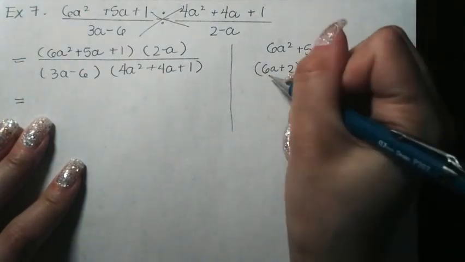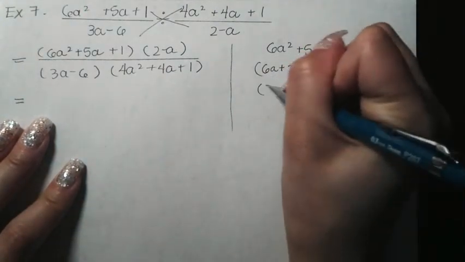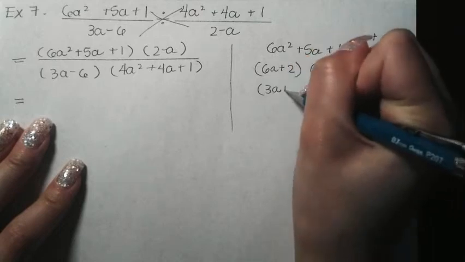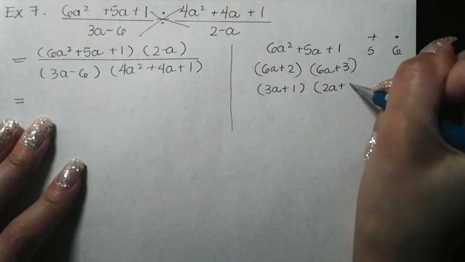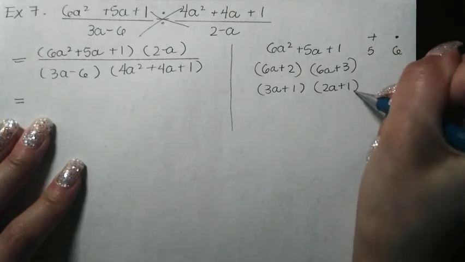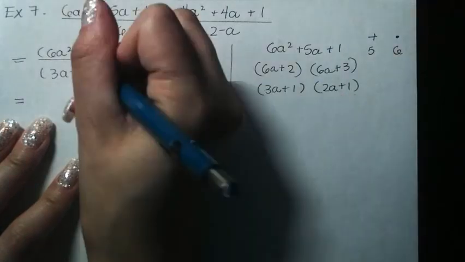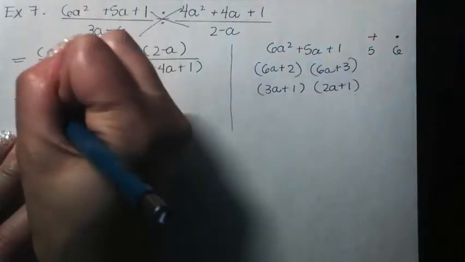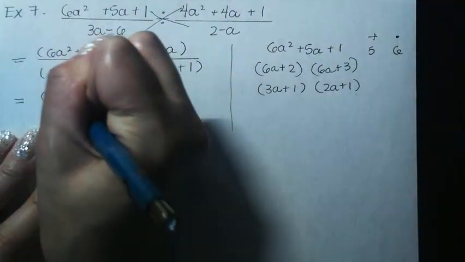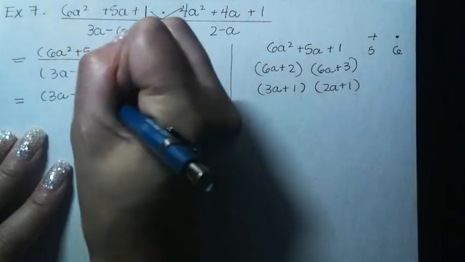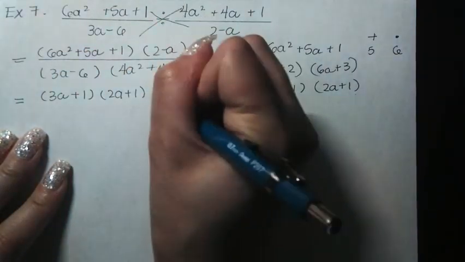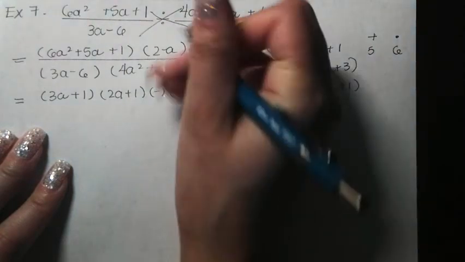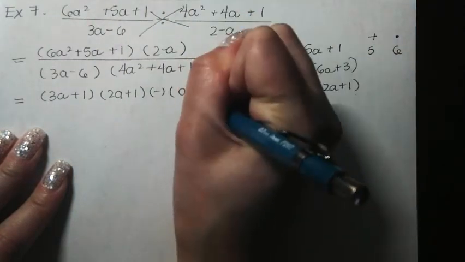Then you divide by 2 this, so you have 3a plus 1, and you divide by 3 this, and you have 2a plus 1. So this is going to be your factor for this piece, and I'm going to put it here: 3a plus 1 times 2a plus 1. This one I would take out the negative, I'm going to put it there, and then I'm going to have a minus 2.